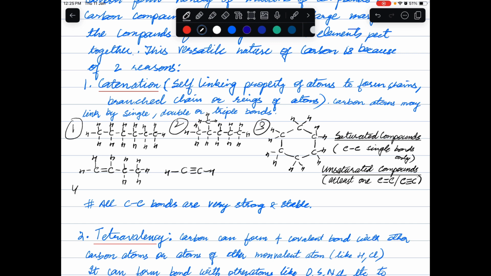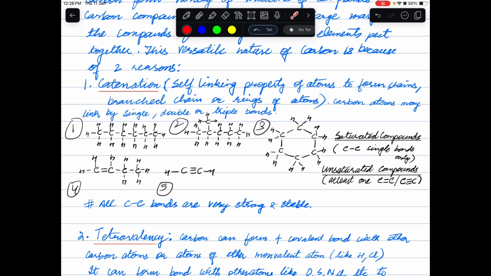But if we see in case of your fourth structure and the fifth structure, in fourth structure we have a single carbon-carbon double bond, and here we have a carbon-carbon triple bond. So fourth and fifth are unsaturated compounds where we have at least one carbon-carbon double bond or carbon-carbon triple bond.